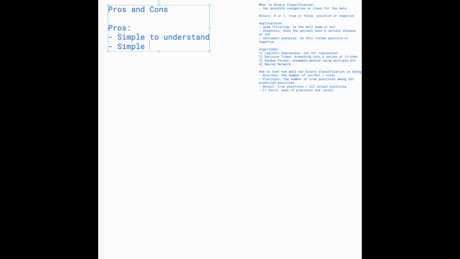So simple decision boundary. It's also generally efficient, more efficient than multi-class classification, obviously, because we're going to only have 2 categories rather than a bunch of categories we may have to consider. And so this means it's faster to train and make predictions.